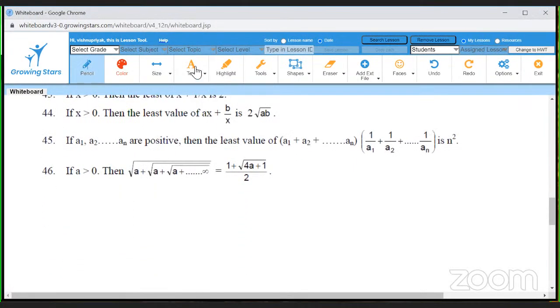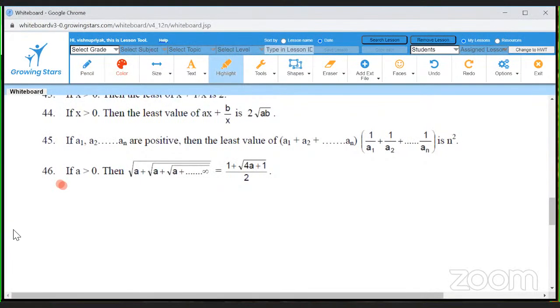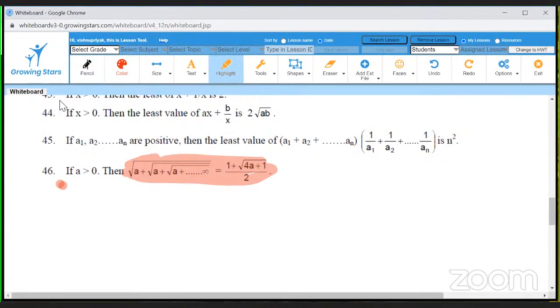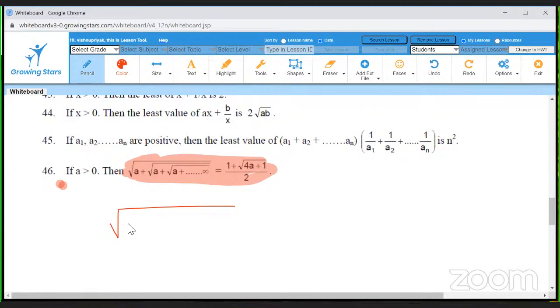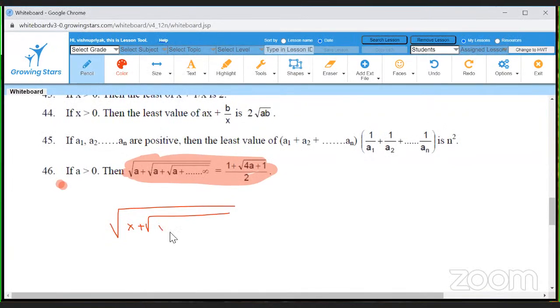Of all, this 46th one is very interesting. I have seen this kind of question many times. Suppose you are given square root of x plus square root of x plus square root of x plus, like this infinite times.